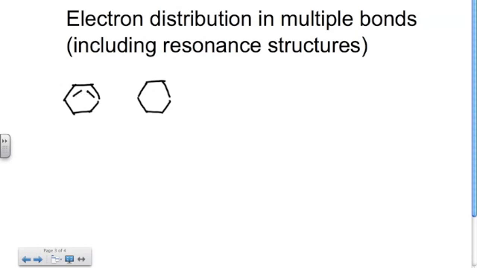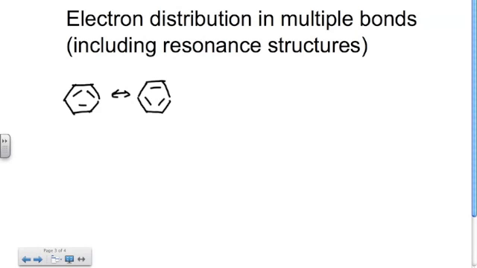Remember we have the alternating double bonds. Let me first just draw what the pi bonds might look like. I'm going to leave out the sigma bonds and just draw the pi bonds for that first structure.